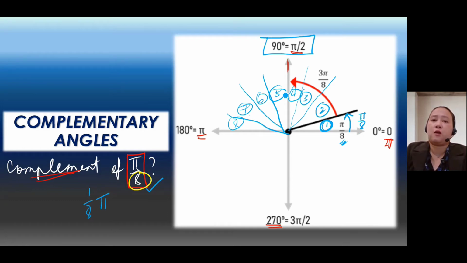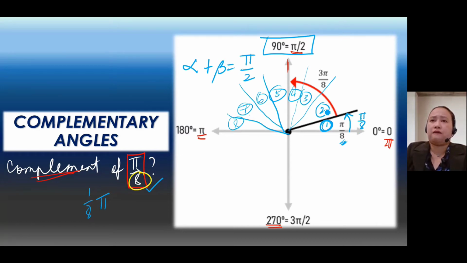We're going to look here, which is equivalent to pi over 2. Remember that for the complement, the sum in degrees should be 90 degrees. Two positive angles, when you add, the sum should be 90 degrees. In radians, if you have two angles, alpha plus beta, the sum should be pi over 2.